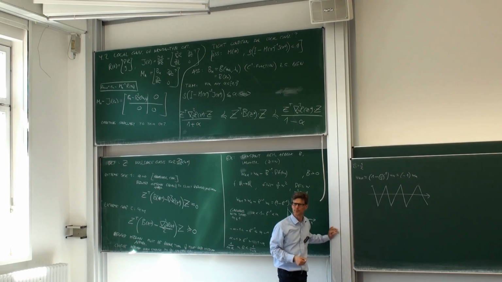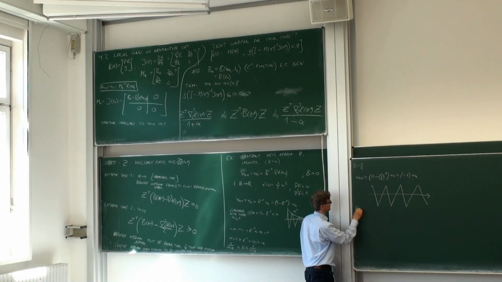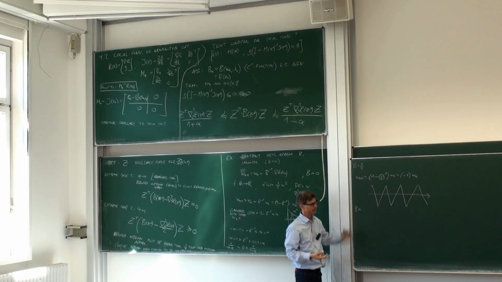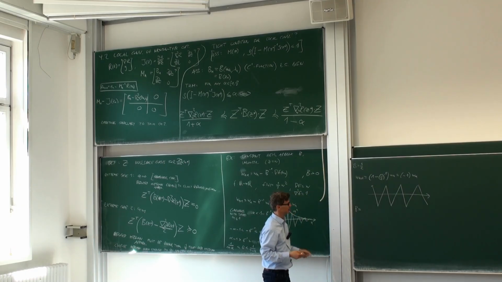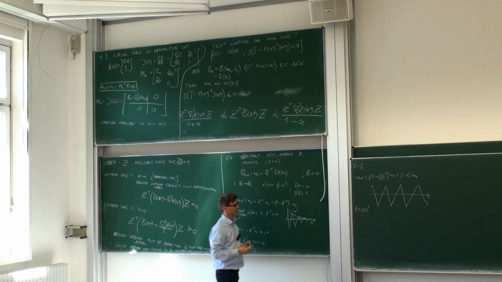Do you see that? If I choose now the b a bit bigger, I will get this factor smaller, and then I will converge. So that's clear. But what happens if I choose my b ridiculously large, 10 to the 3, something really, really big?